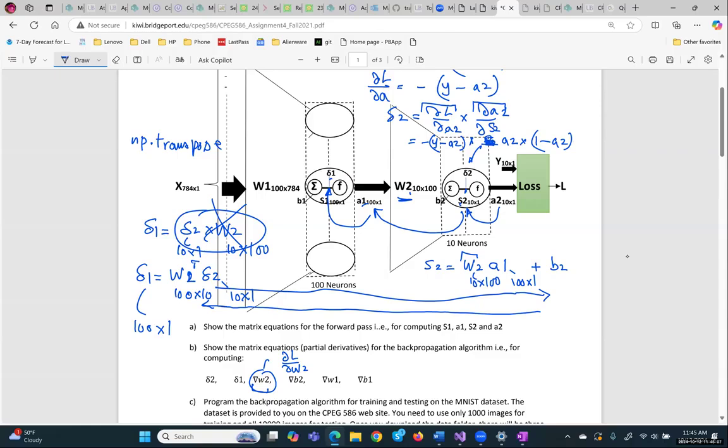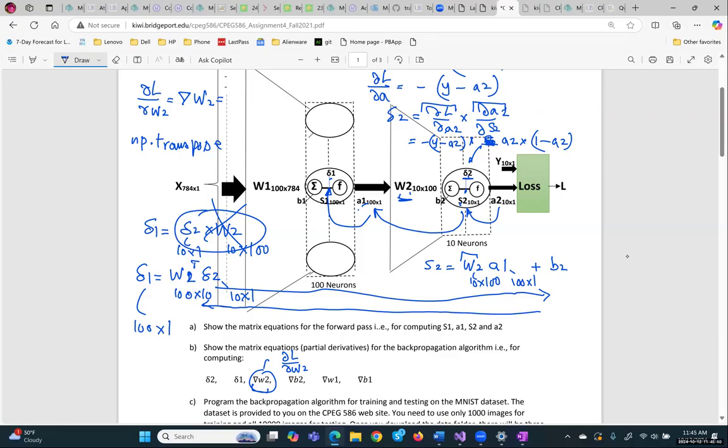So remember, how is it related to delta 2 if you've already computed it? How is partial L over partial W2? Remember we talked about that is basically this delta 2 multiplied by where the input is coming from. Where's the input coming from? A1, okay?